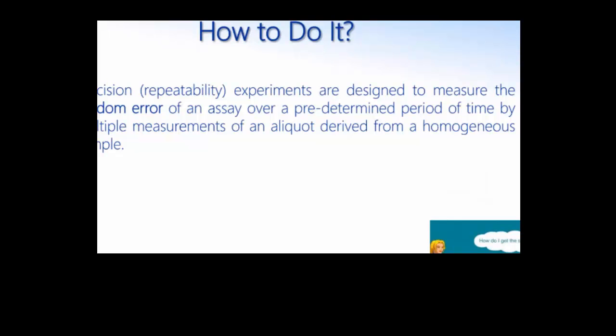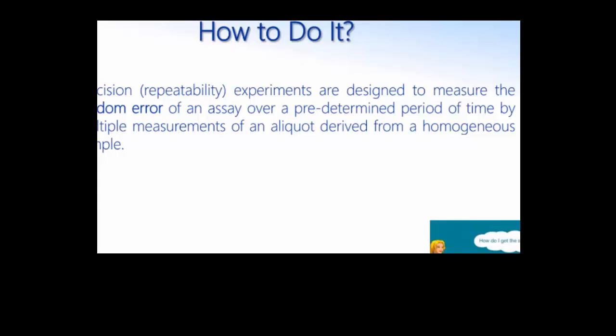So how to do it? Well, the precision or the repeatability experiments are designed to measure the random error of an assay over a predetermined period of time by multiple measurements of an aliquot derived from a homogeneous sample.